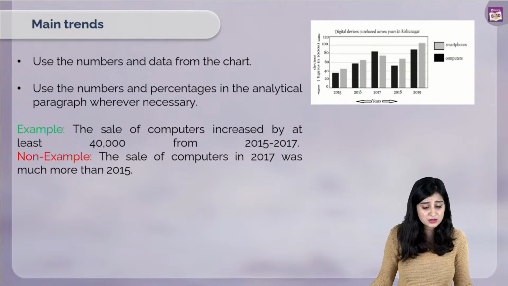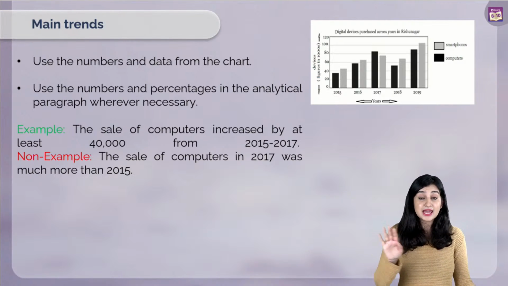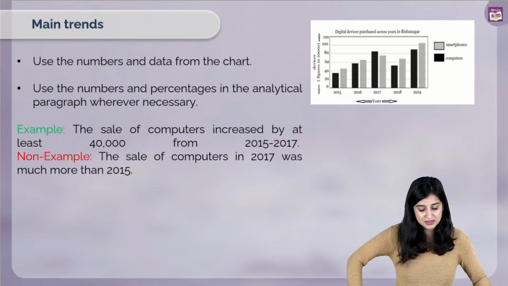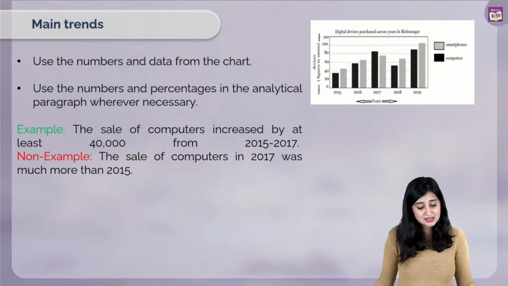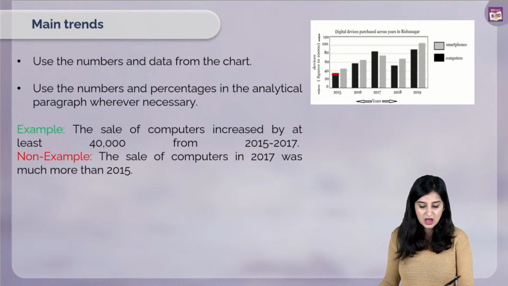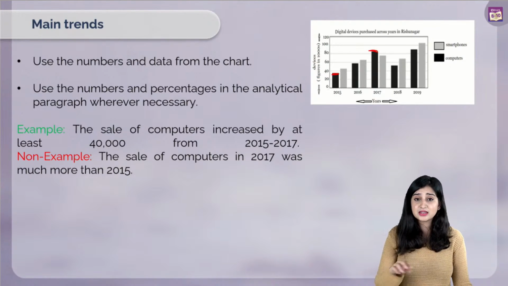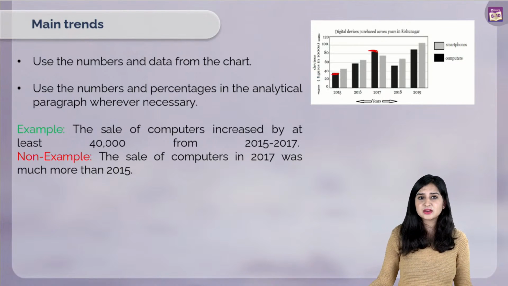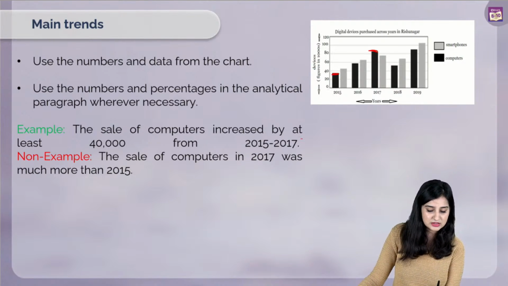So you can say the sale of computers increased by at least 40,000 from 2015 to 2017. Just looking at the computer bar, which is the black bar, we can see how much it has increased. Because we don't know the very exact number, we are using words like "at least" over here.